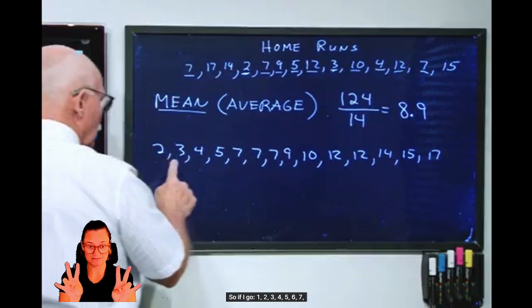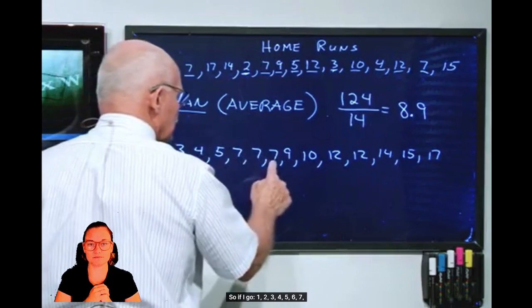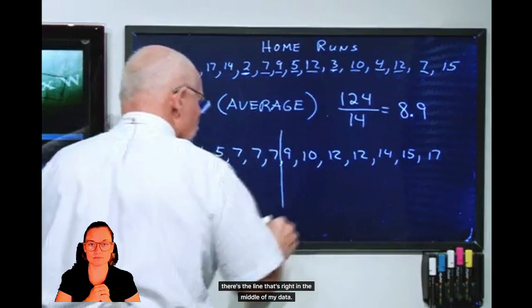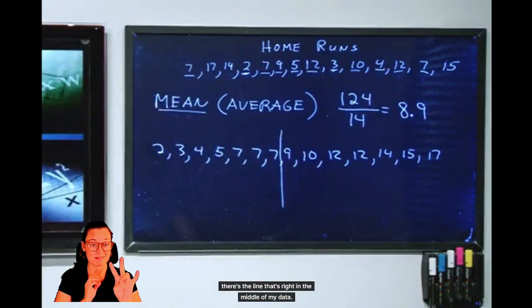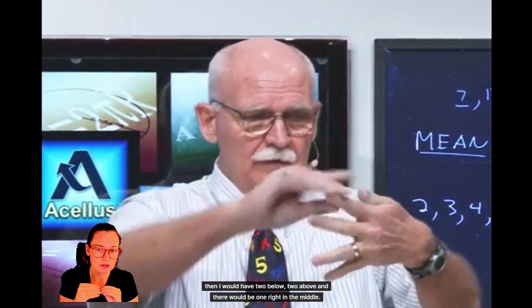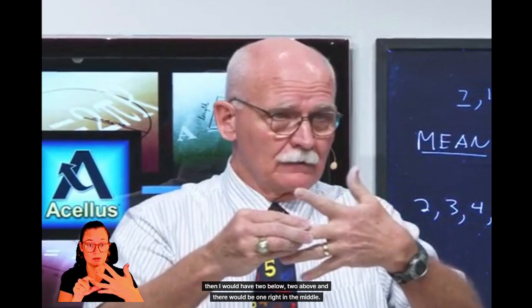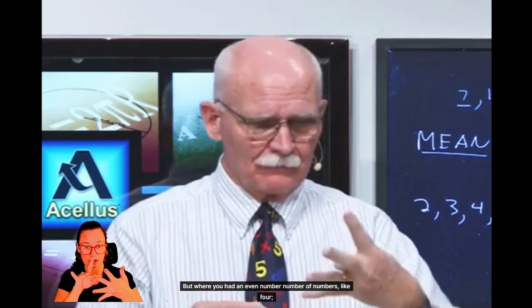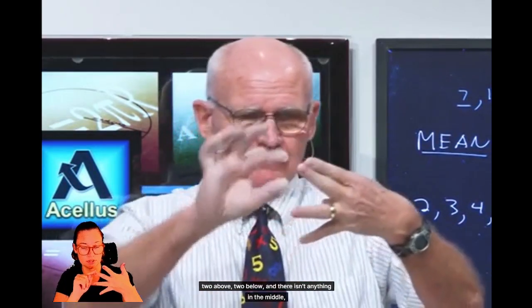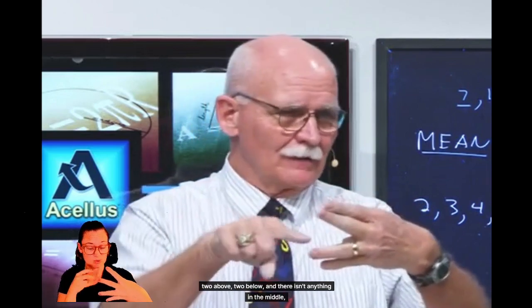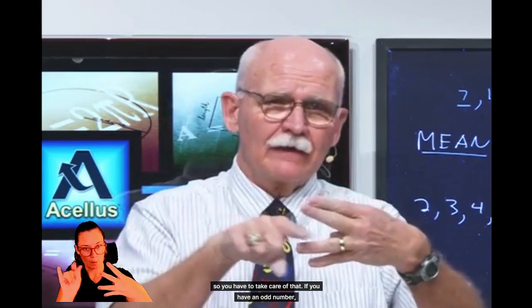So if I go 1, 2, 3, 4, 5, 6, 7, there's the line that's right in the middle of my data. Now, if I had an odd number of numbers, like 5 numbers, then I would have 2 below, 2 above, and there would be 1 right in the middle. But when you have an even number of numbers, like 4, 2 above, 2 below, and there isn't anything in the middle. So you have to take care of that.